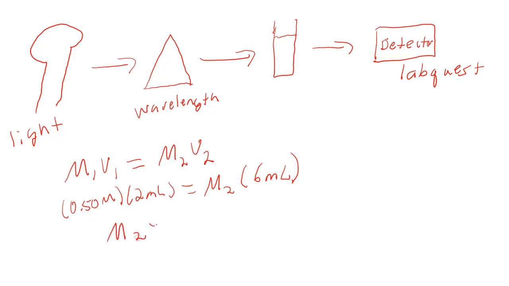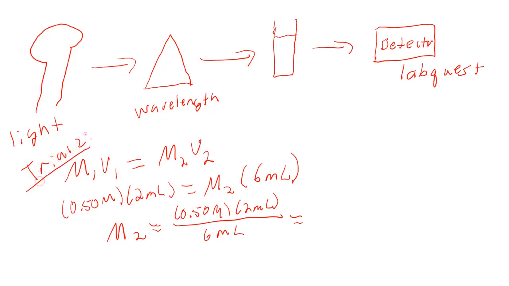So we have M2 equals 0.50 molar times 2 milliliters divided by 6 milliliters. So I'm going to let you do that calculation and determine what the concentration of your solution for trial 2 is. Now you're going to do the same type of calculation for trials 3 and 4, and you're going to determine your concentrations for those.